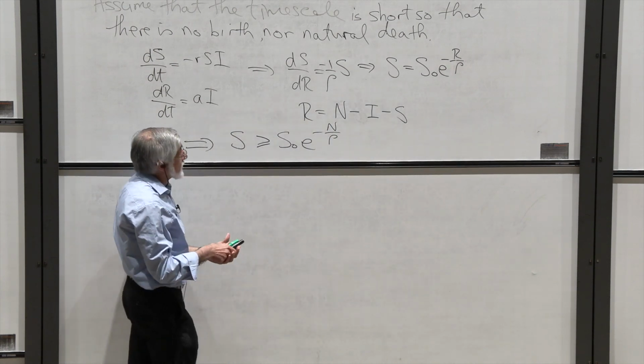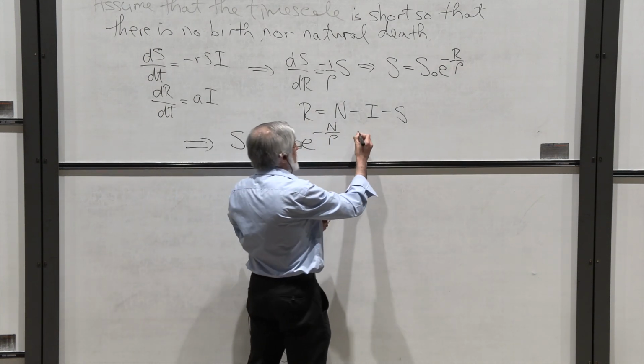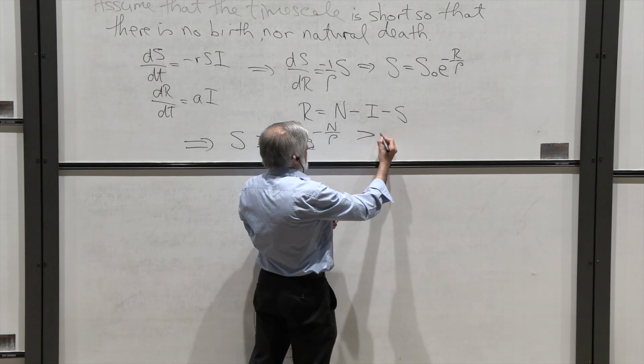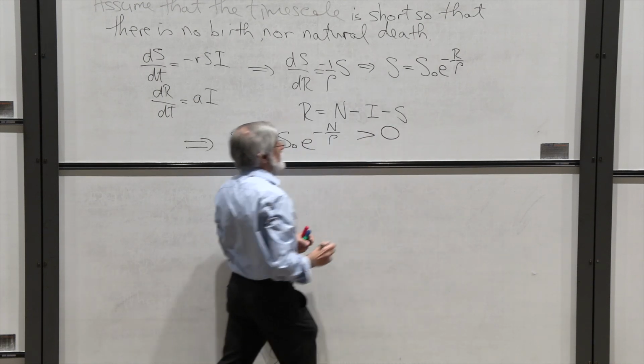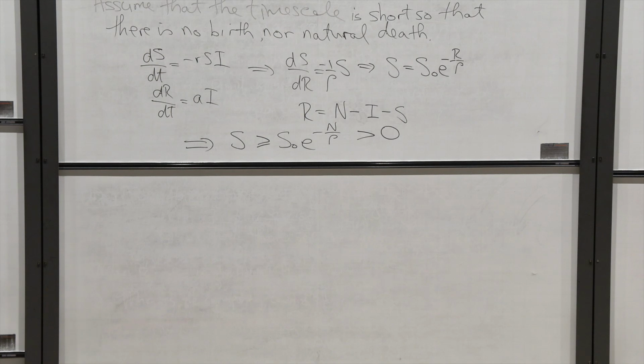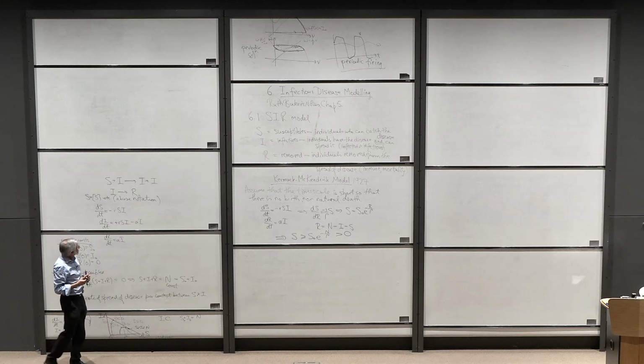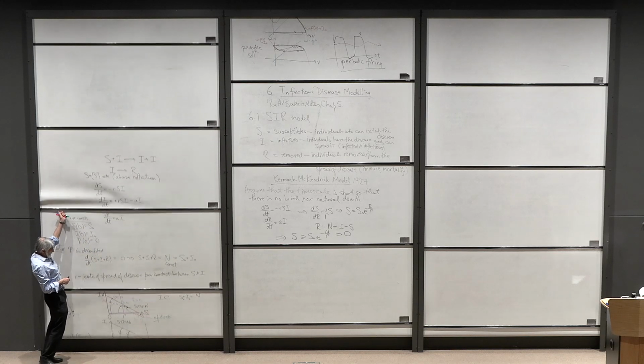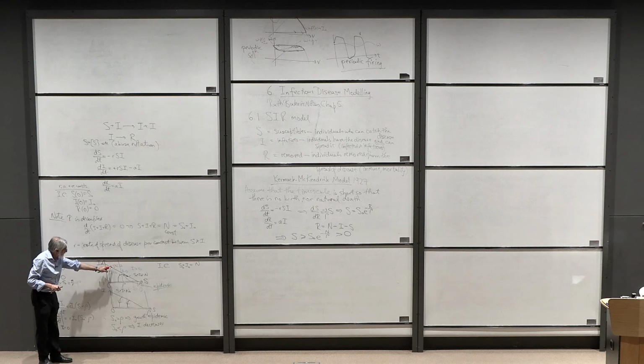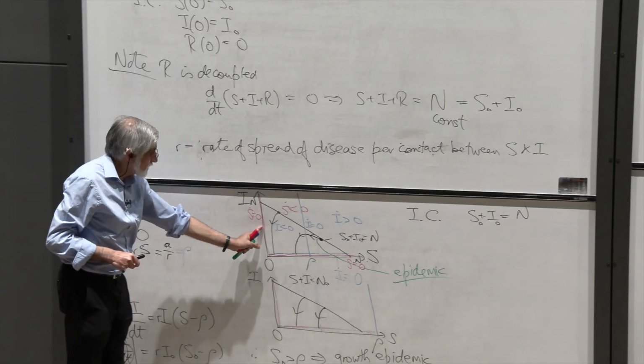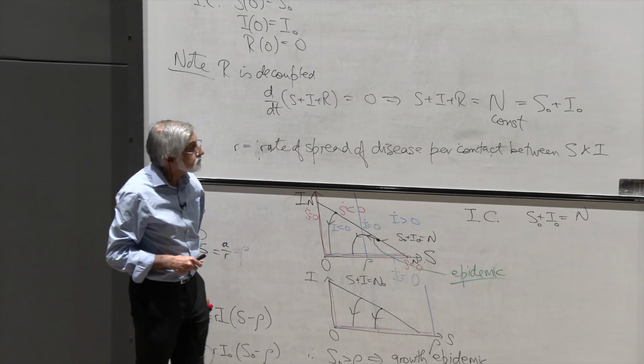So that's greater than 0. So S is strictly greater than 0. And that's why it doesn't go through here to here.